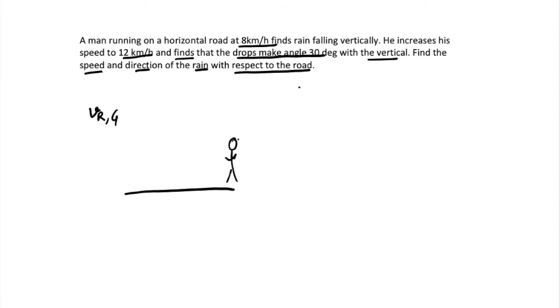So in this case, what is happening is the guy is running at a speed of 8 kilometer per hour, and to this guy it appears that the rain is coming down in a vertical direction.